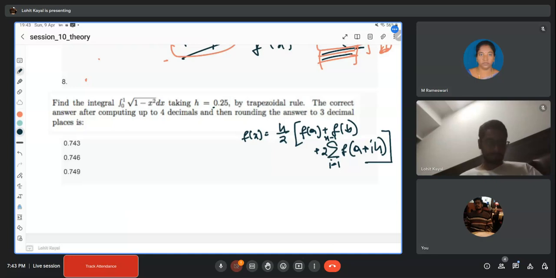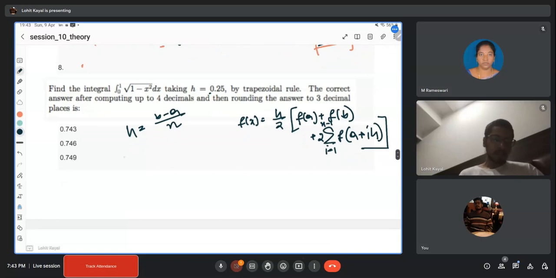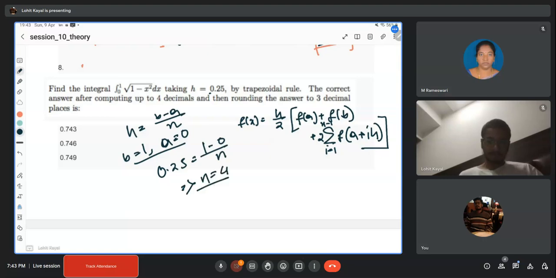This is the formula. Now, what is h? h is b minus a over n. Here in this question, b equal to 1, a equal to 0. h is provided, so 0.25 equal to 1 minus 0 over n. That means n equal to 4, right?